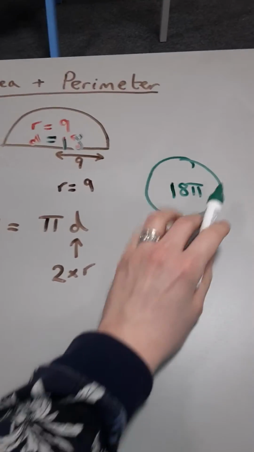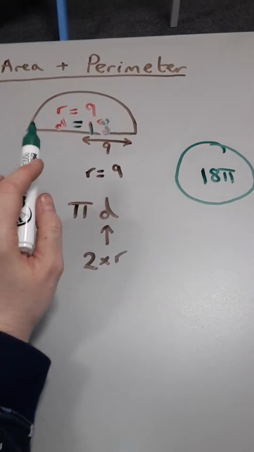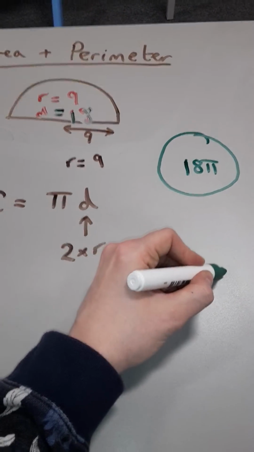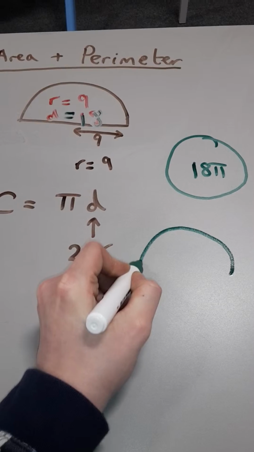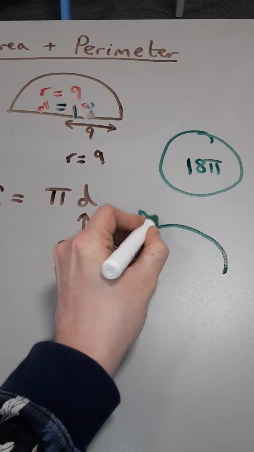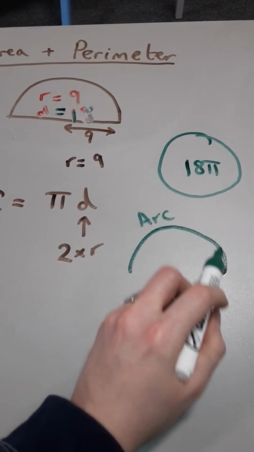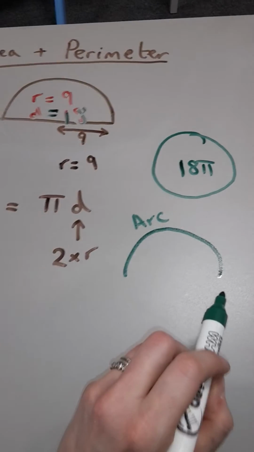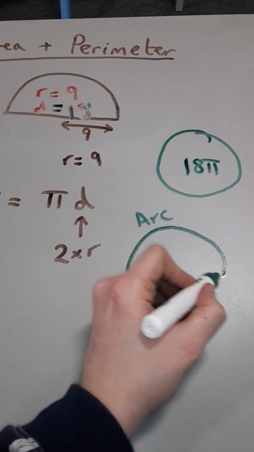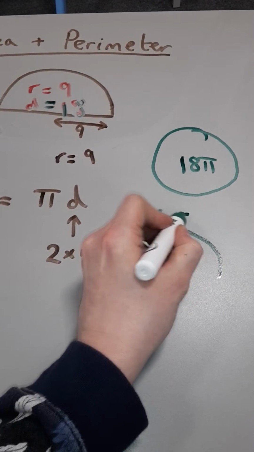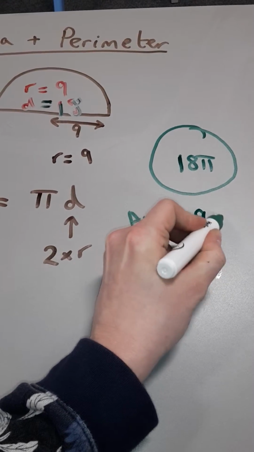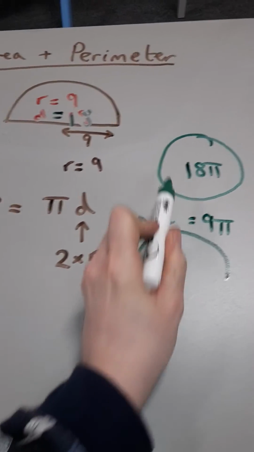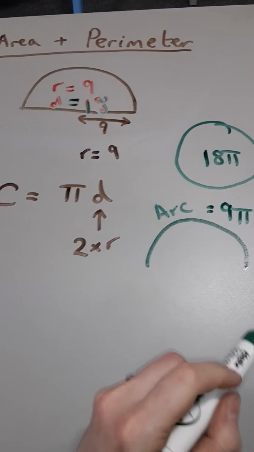Now the problem with that is that gives you an entire circle, but we have a semicircle, so that's half of it. So actually, this is called an arc. It's when you have the outside of a circle, but it's not completely joined up. So actually, my arc is 9 pi, because it's half of my normal circumference.